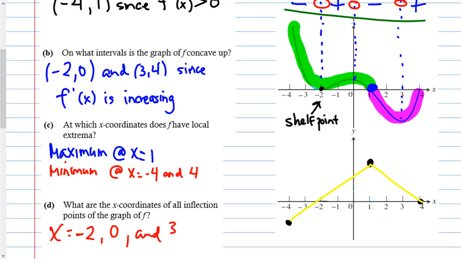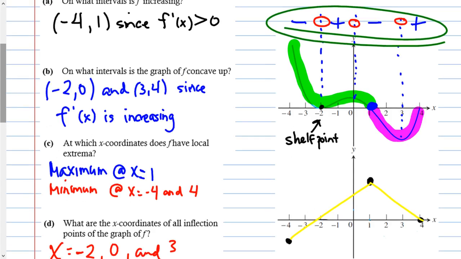So if you look here, you can see that's my concavity. So up to negative 2, this function is concave down. Remember, concave down is like an unhappy face, so I'm just going to add a little curve to this. Okay, concave down to negative 2.